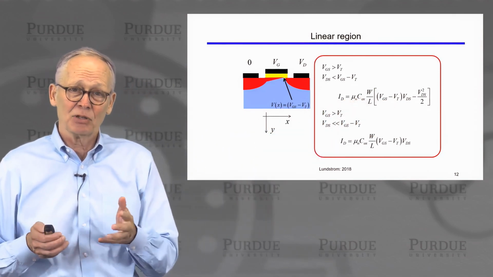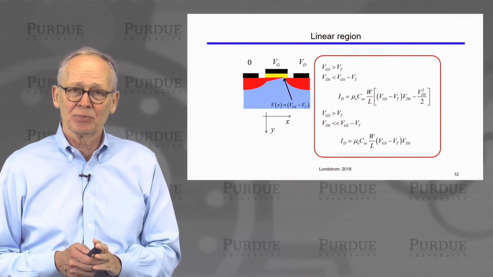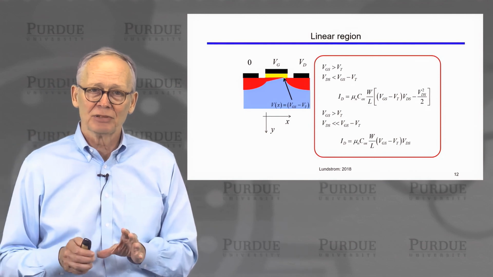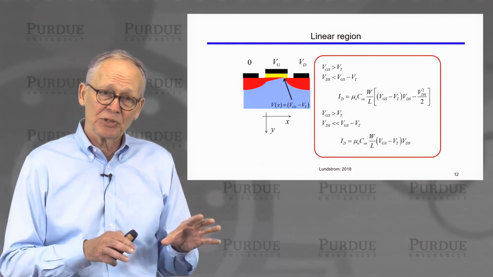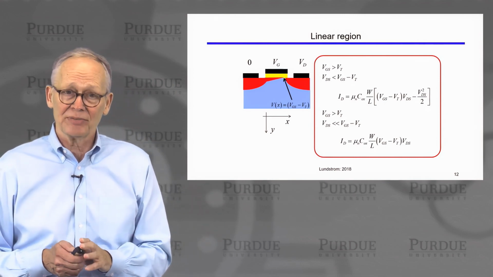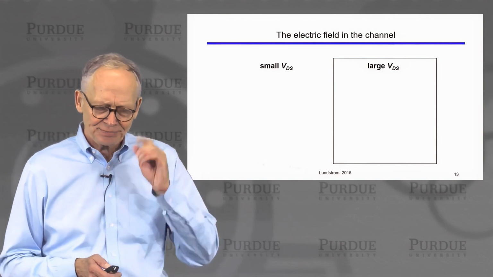So it gets small enough it can be ignored. When it can be ignored, what I'm left with is this simple linear region expression, which is exactly the expression that we derived in the previous lecture. So this result is consistent with the previous results. It just gives us the entire IV characteristic.